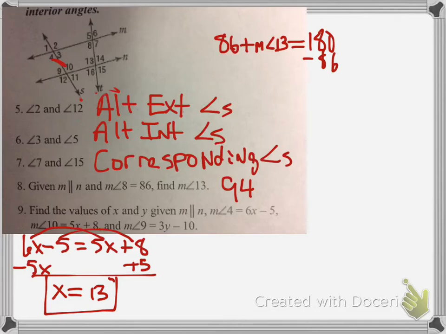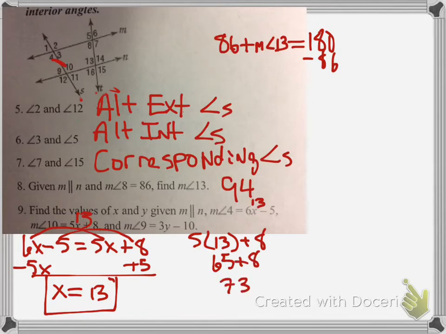So now I know x is equal to 13. I'll do this with angle 10 since I'm going to need that one first. So I put 13 in and say 5 times 13 plus 8. That's 65 plus 8, which is 73.